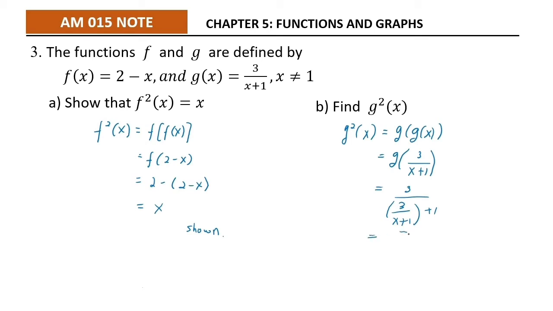And then simplify, 3 over (3 plus x plus 1) times x plus 1. 3x plus 3 over x plus 4. This is the answer for g squared x.